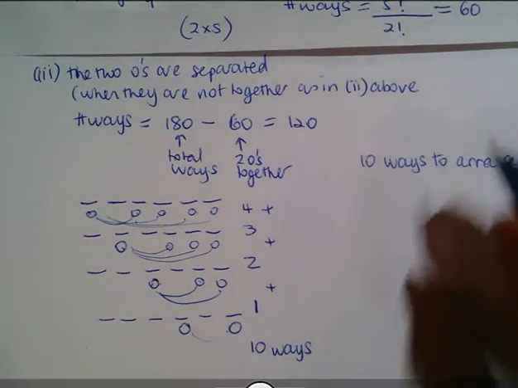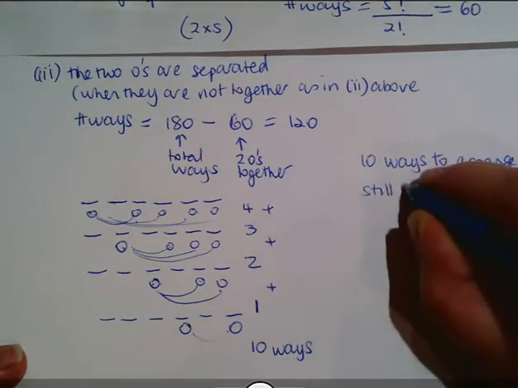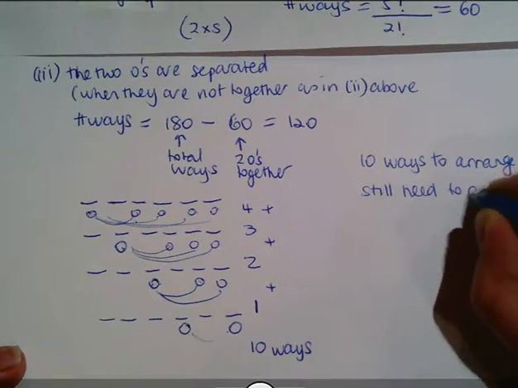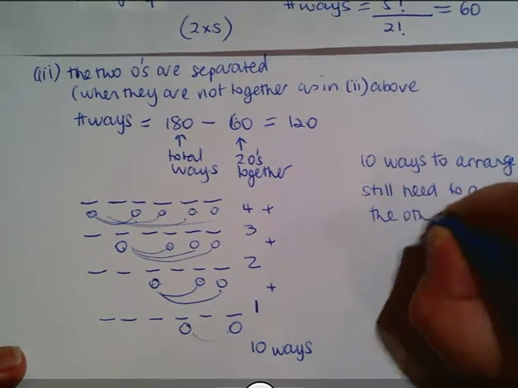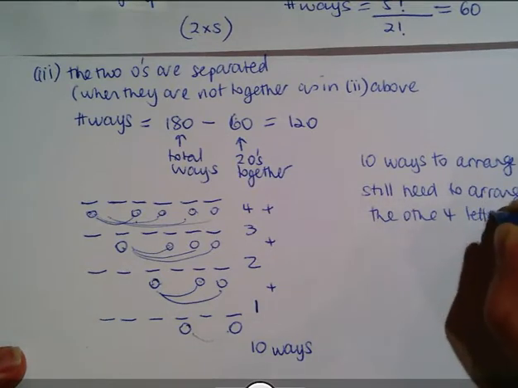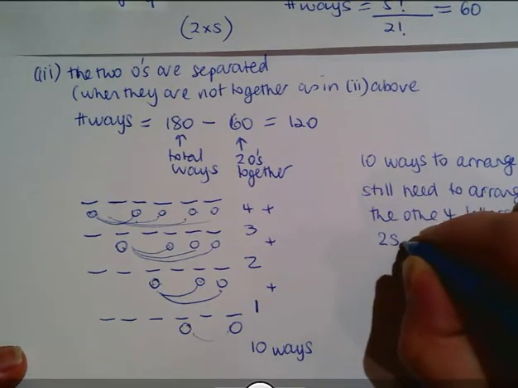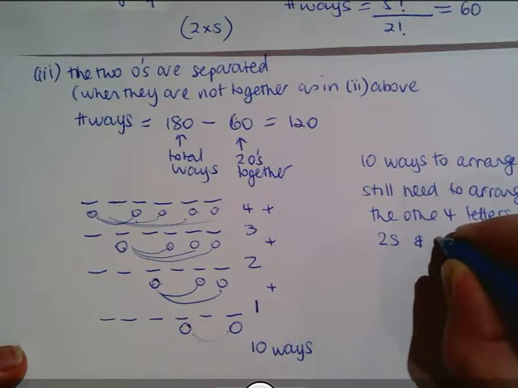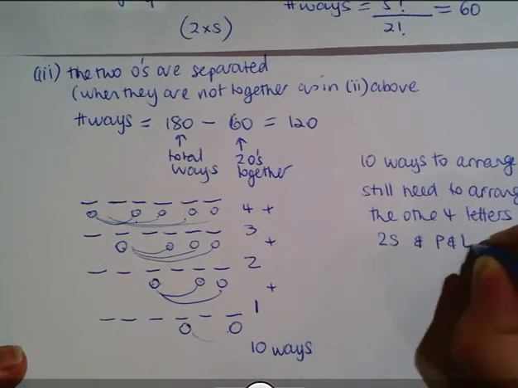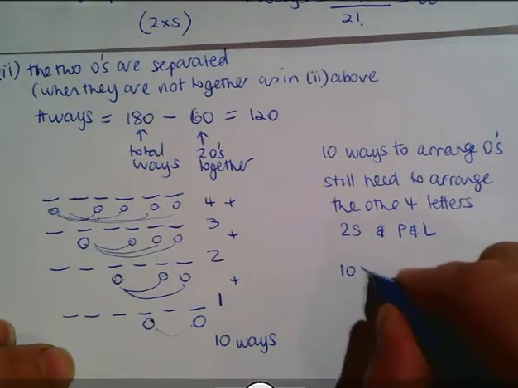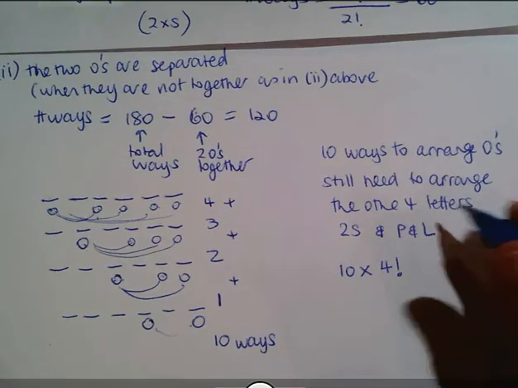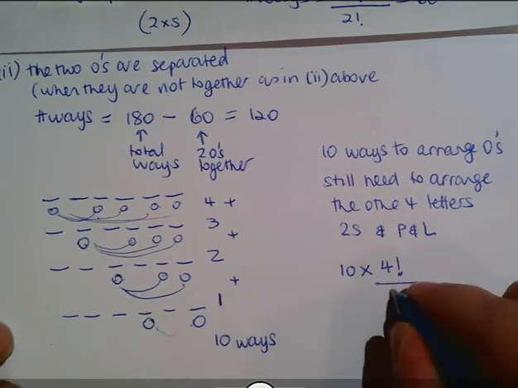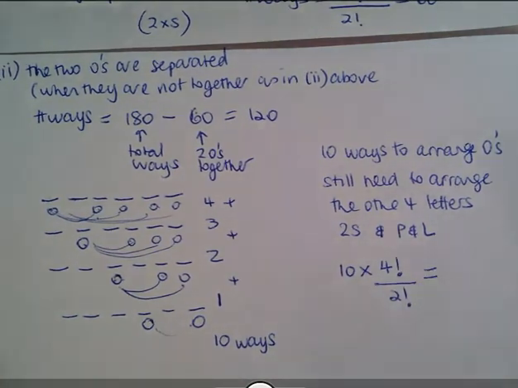Okay, now I still need to arrange the other 4 letters, which are 2 S's and the P and the L. So I've got 10 ways times 4 factorial, because I'm arranging the other 4 letters, but divided by 2 factorial because there are 2 repeats.